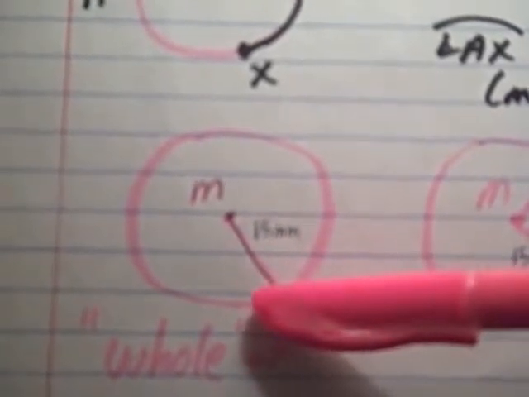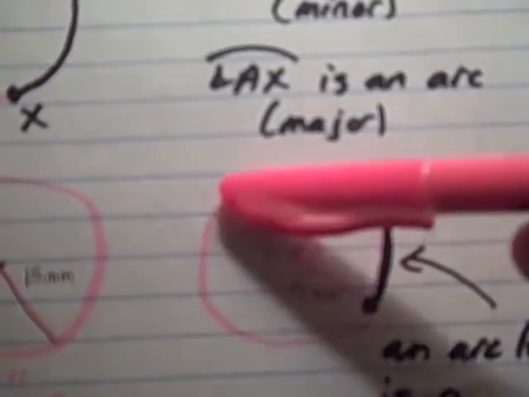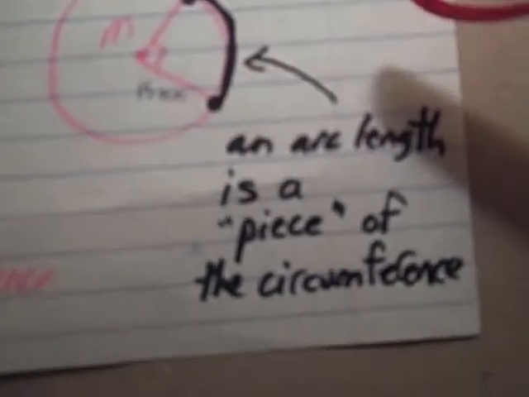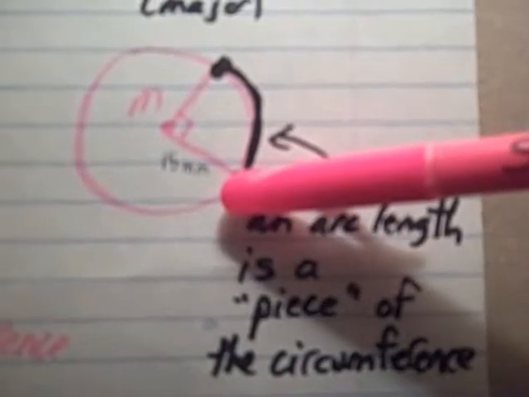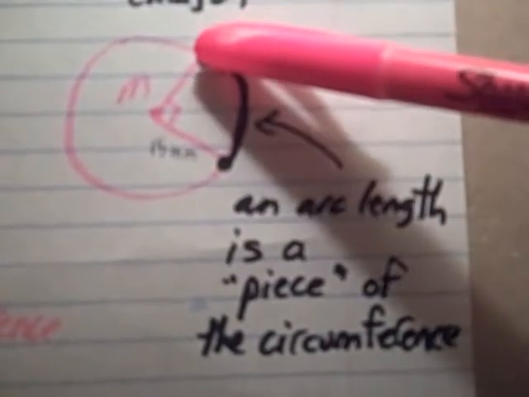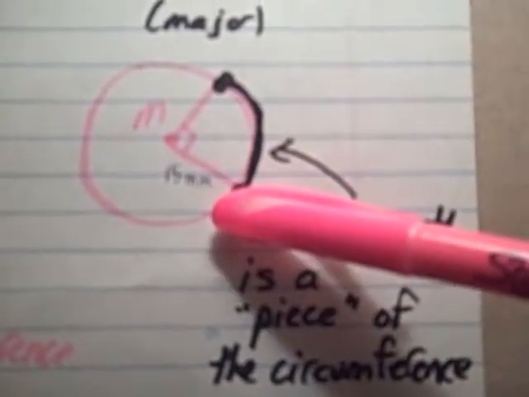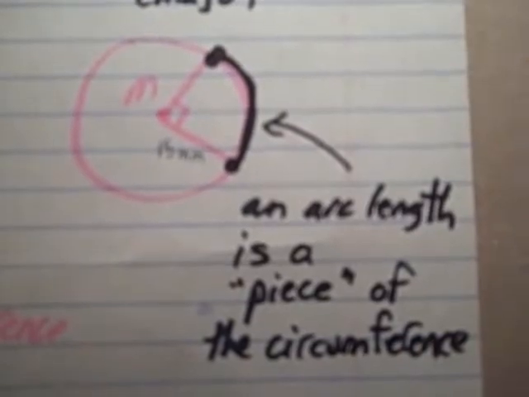We don't have to wrap our measuring instruments around the circle. So if we're able to find the entire circle's length, the circumference, then certainly can't we find just an arc length, which is just a portion of the circle? That's one of the objectives here in this section. So now that we know that an arc is just a piece of the circle's circumference, we have a better understanding of what we're going to be doing.